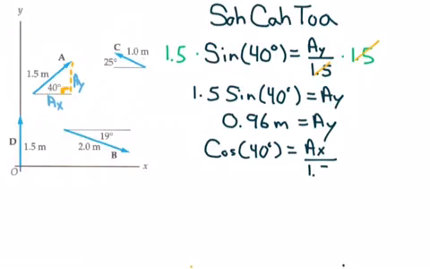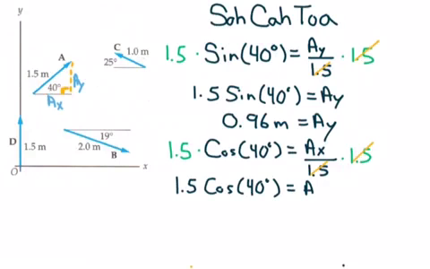Again, leaving off my meters to look cleaner. Multiply both sides by 1.5. On the right-hand side, my 1.5's cancel out, and I'm left with 1.5 times cosine of 40 degrees is equal to AX. Typing this into my calculator and rounding to 2 sig figs, I get 1.1 meters is equal to AX.